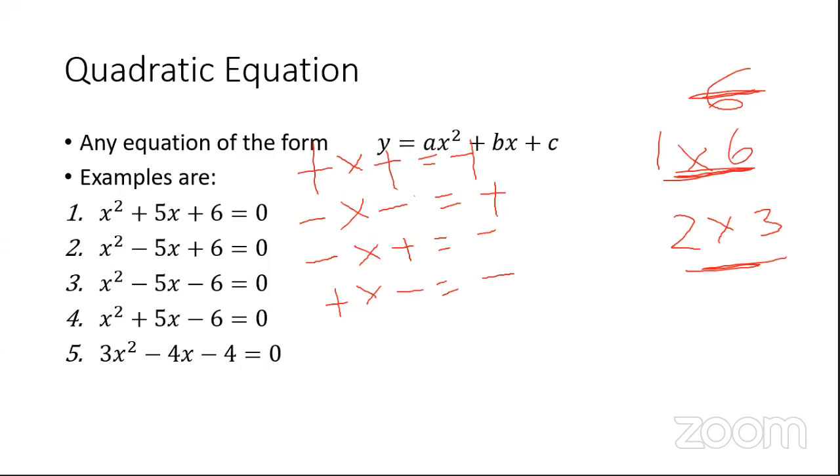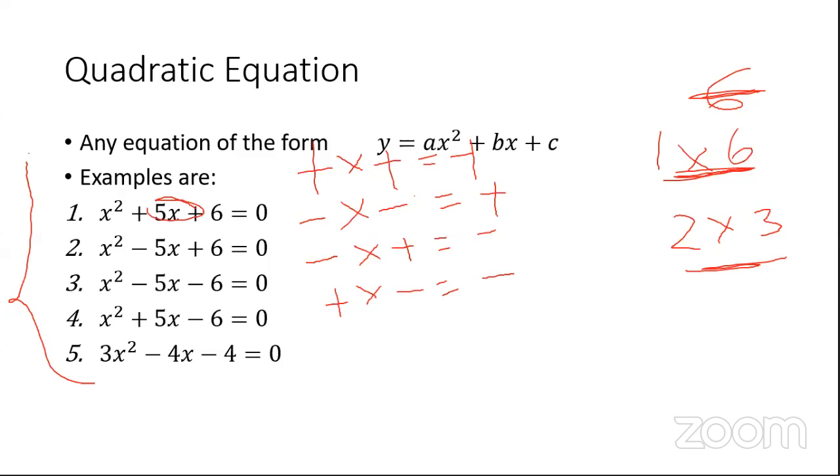So instead of having that 5x, it means you are going to have 2x plus 3x to make up that 5. Because the major thing we look out for in a quadratic equation is the fact that we want to factorize, but we have just 3 terms there.